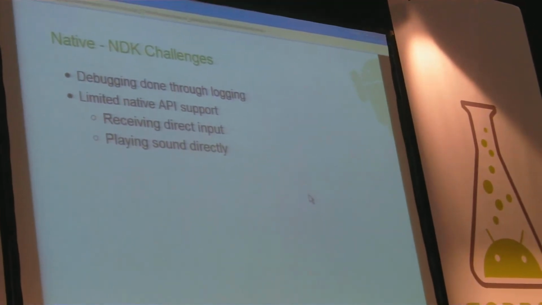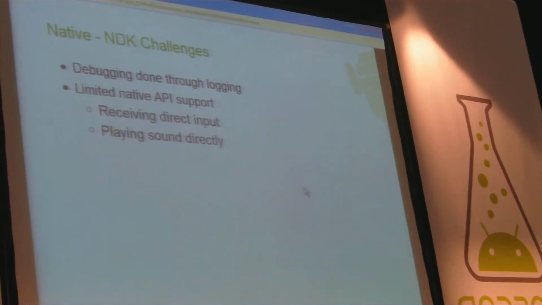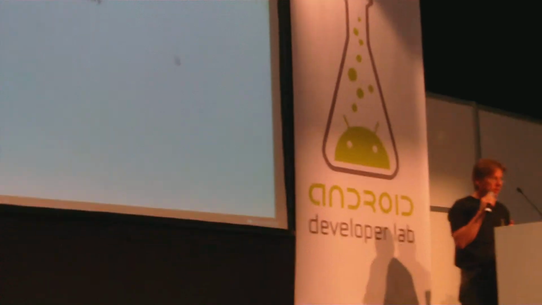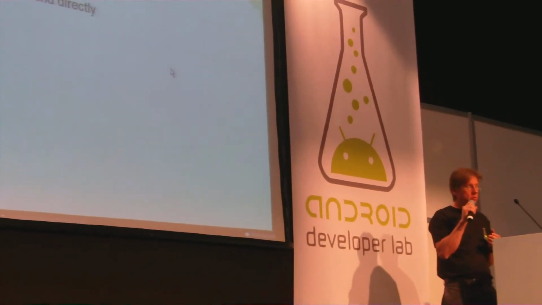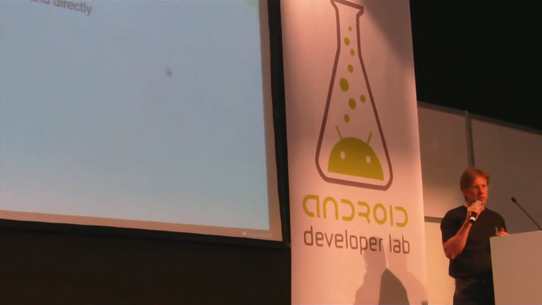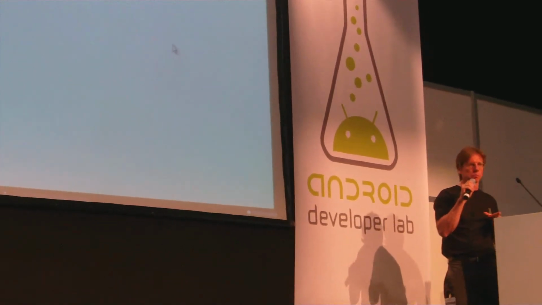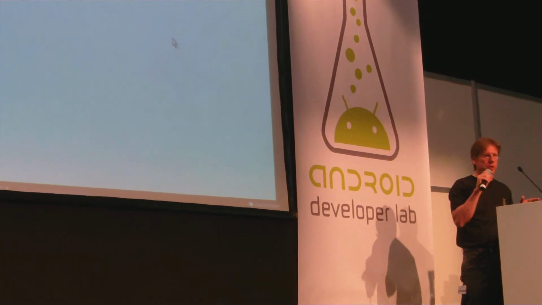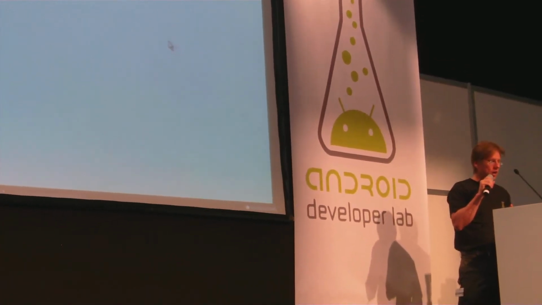Native development isn't easy. Right now it's at its early stages, and there's a lot more coming in the future. Right now the debugging is done through logging, which isn't too bad considering most people are just doing porting, so they're not actually developing from scratch on this platform. Hopefully most of the bugs have been wrung out of it.